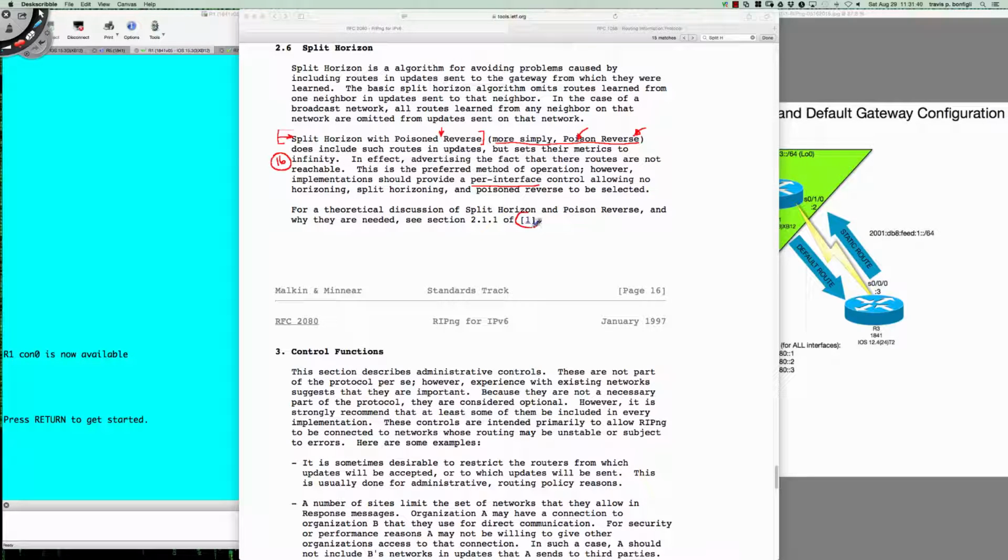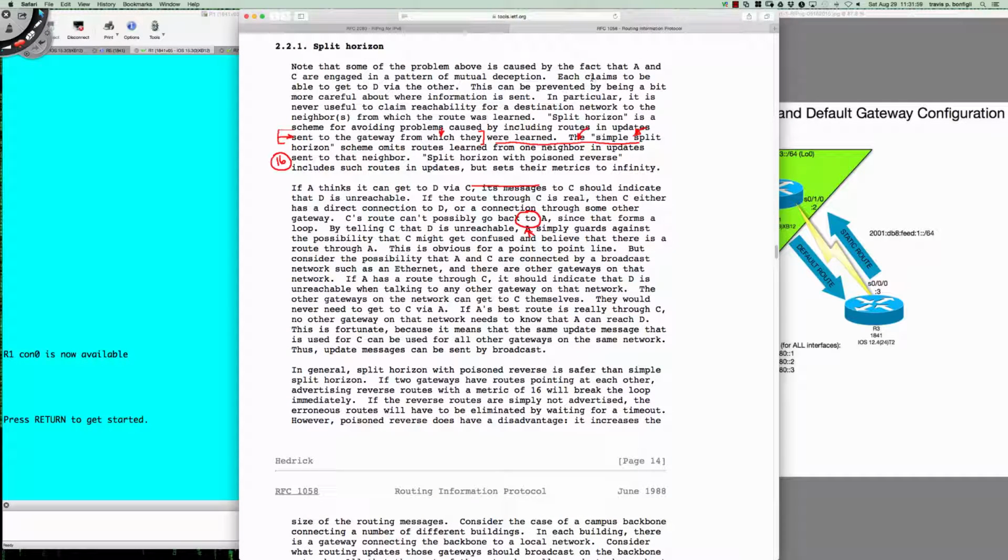Now, for a theoretical discussion of split horizon and poison reverse, I highly recommend checking out this reference. This is a link that'll take you to the bottom of this document, and it references RFC 1058, which is the RFC for RIP. If you look into section 2.2.1, you would see that they have a conversation on split horizon.